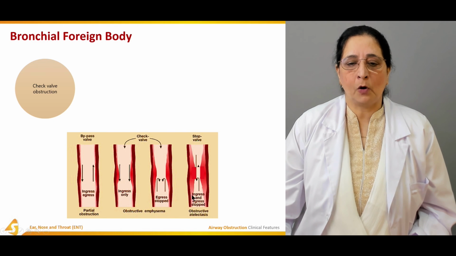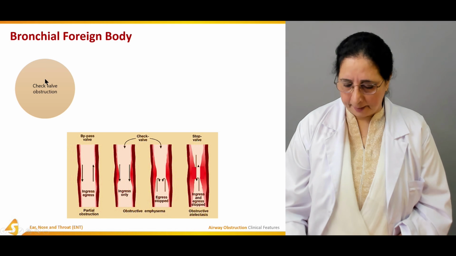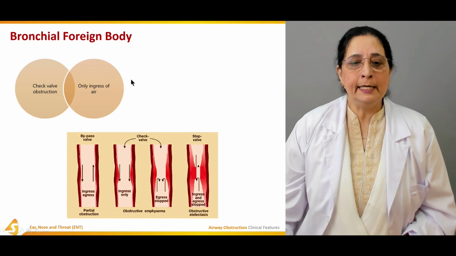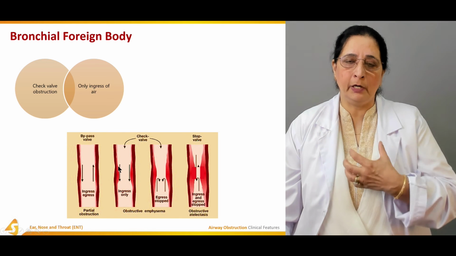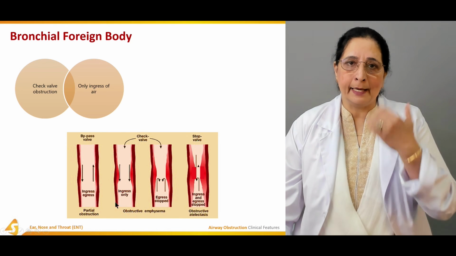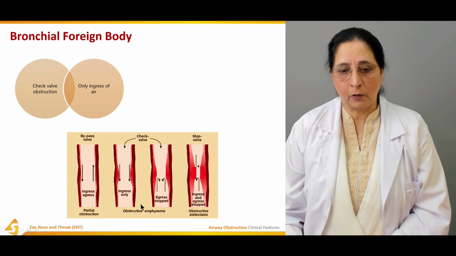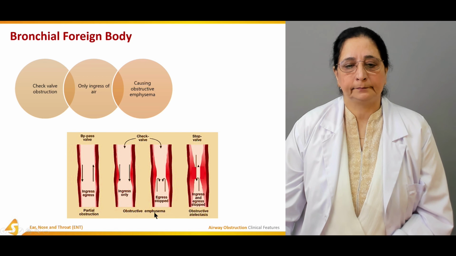So this can cause obstructive emphysema. So with check valve obstruction with the bronchial foreign body, there is only ingress of air. Only air can go in, and this can cause obstructive emphysema here.